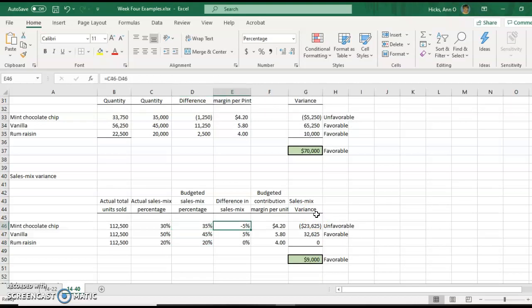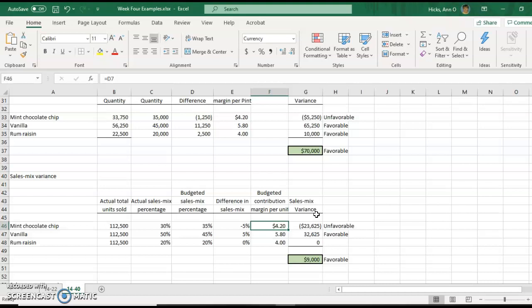Then in column E, all I've done is taken the difference. So basically mint chocolate chip, our sales mix percentage was less than budgeted, and vanilla was more. Rum raisin, we hit the nail on the head. The rum raisin was exactly the same percentage of total sales that we had originally budgeted.